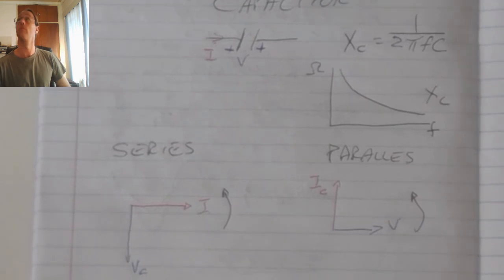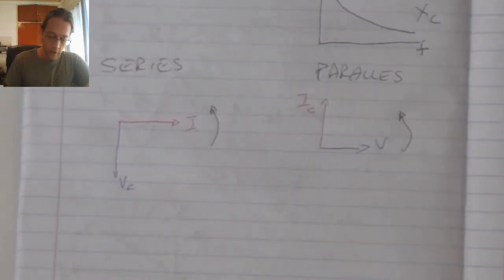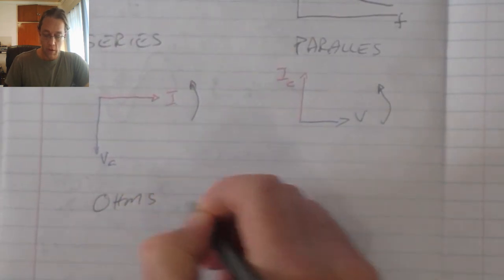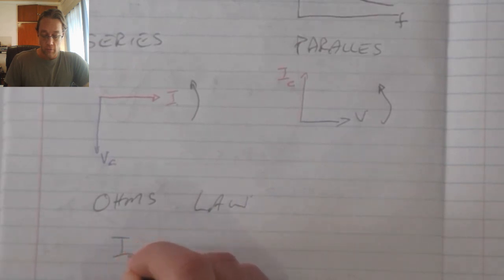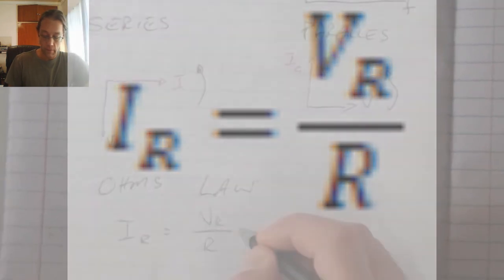As with the resistor, current flow is going to equal the voltage on the resistor divided by the resistance.